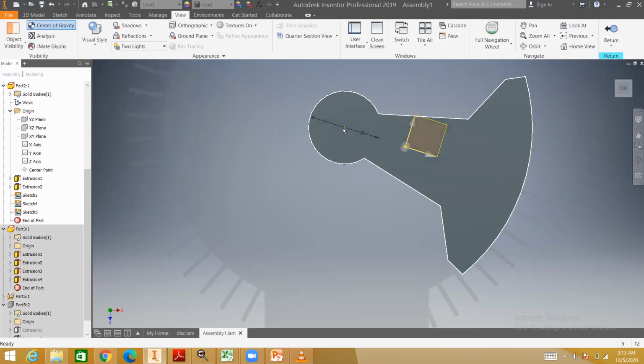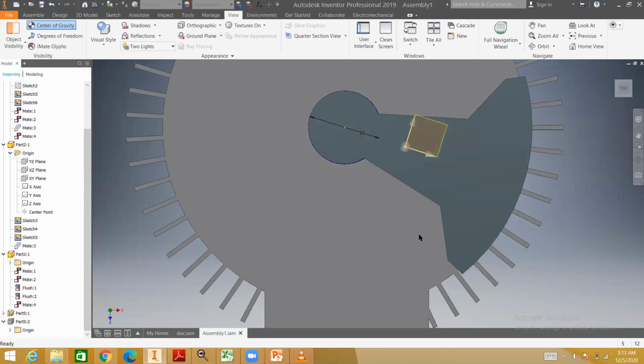With respect to this point of rotation, the distance of the center of gravity is 8.737. So you note down this value, 8.737. This is the distance from this center point up to the center of gravity of this eccentric mass. This is required to find the magnification factor.